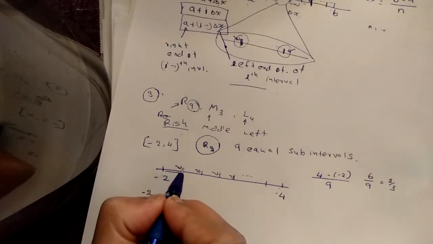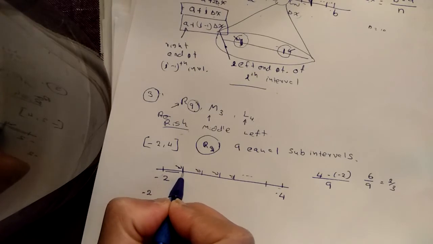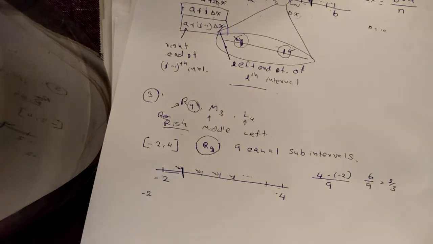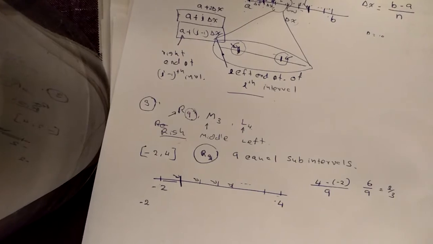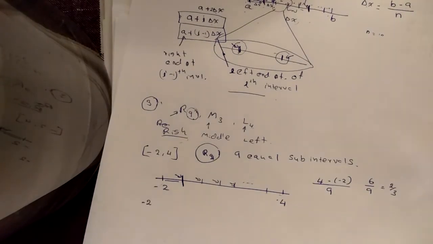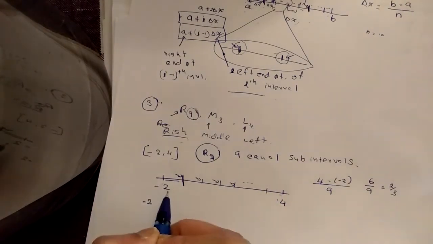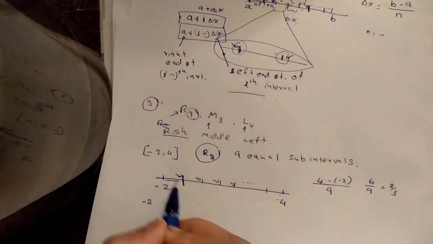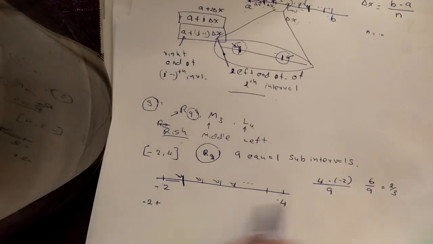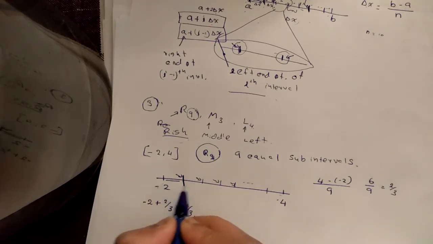And accordingly, what should be the value at this point? It will be negative 2 plus this distance, 2 over 3, which gives negative 4 over 3.